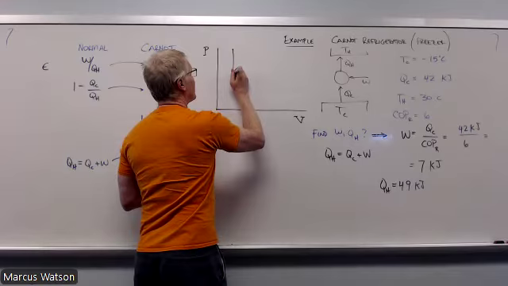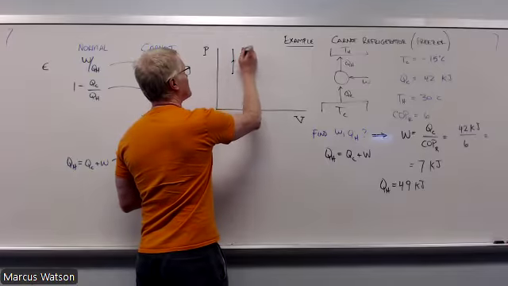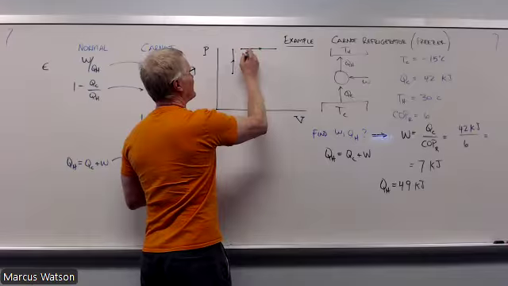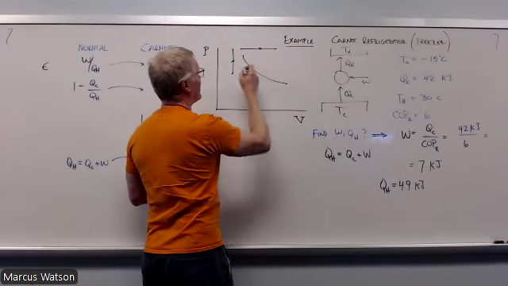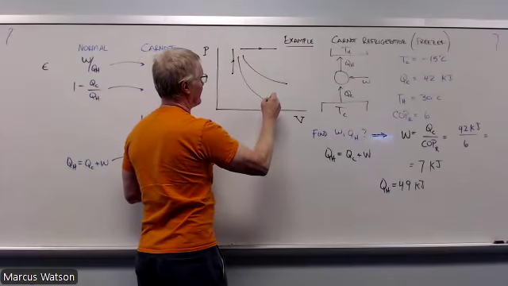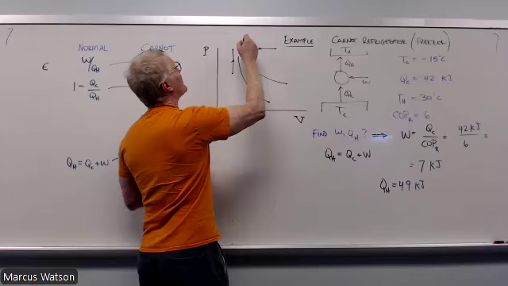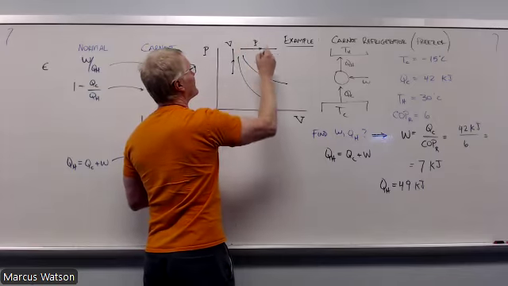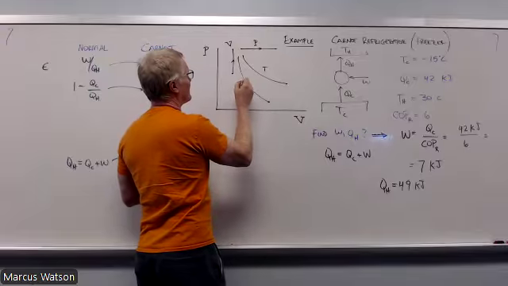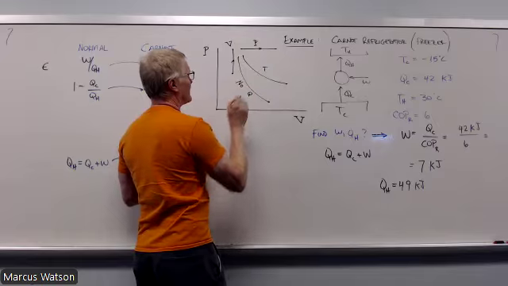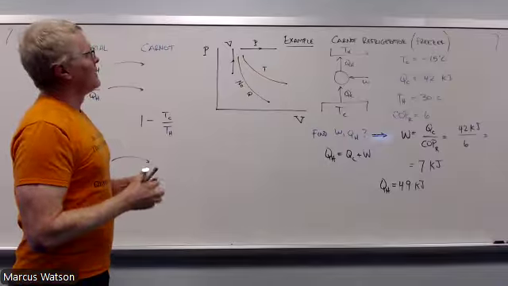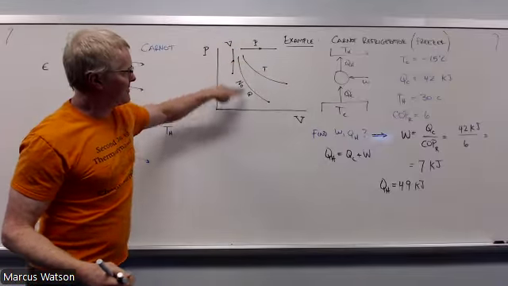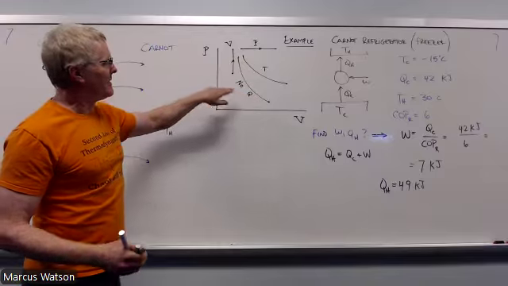We had the isovolumetric, we had the isobaric, we had the isothermal, and then we had the adiabatic. Okay, so I'm just going to write the variable that's constant next to them, like so. Constant V, constant P, constant T, no Q.